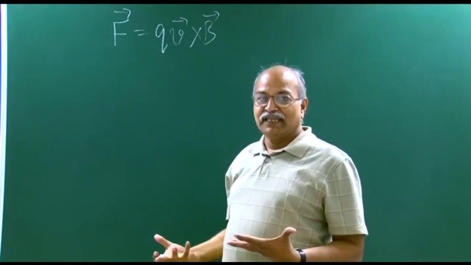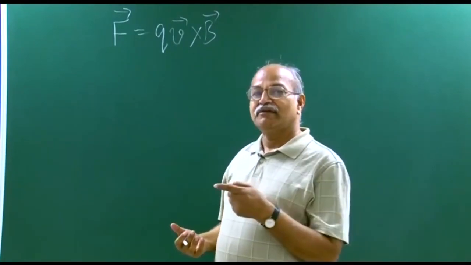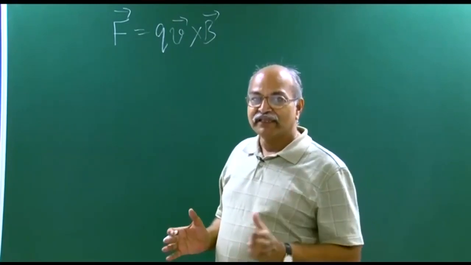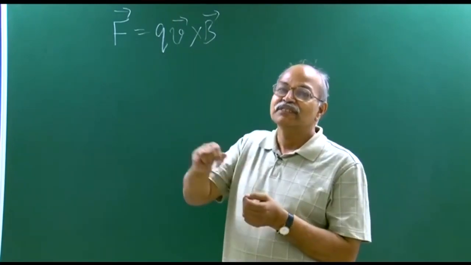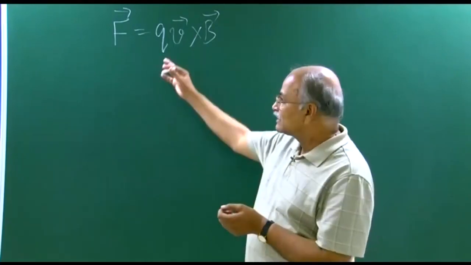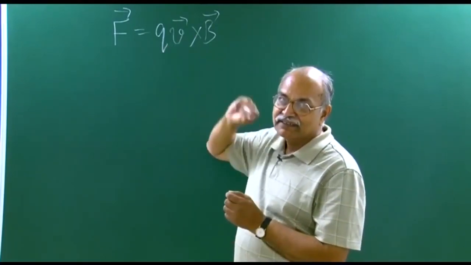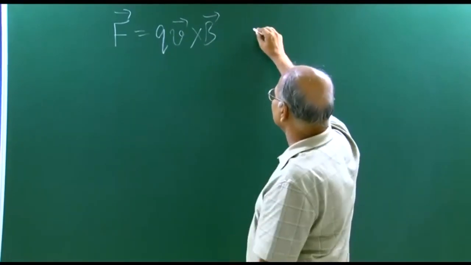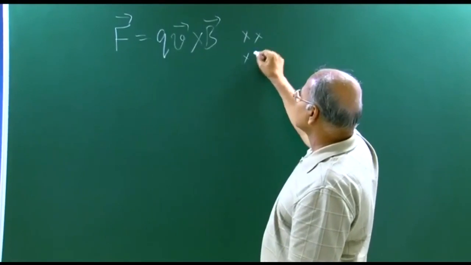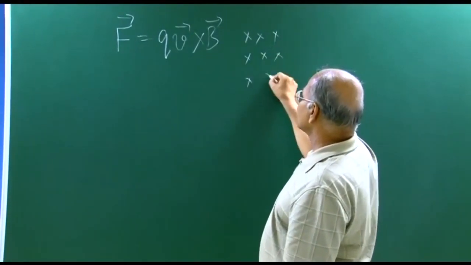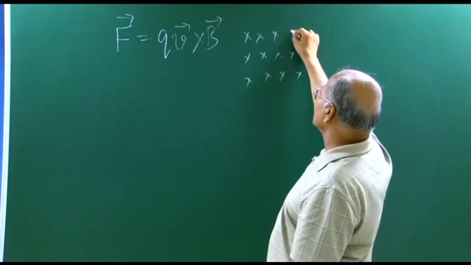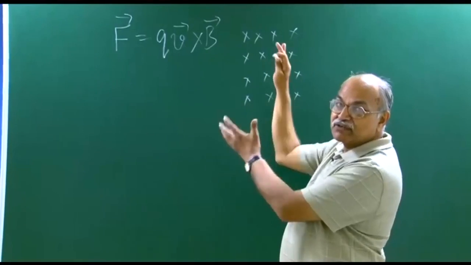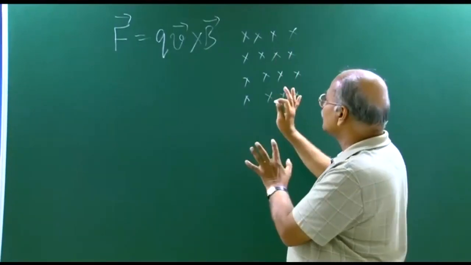And if you send a charged particle perpendicular to a uniform magnetic field, then it goes in circle. That one can easily derive starting from here. So if you have a magnetic field, say magnetic field is going inside this board, so you have magnetic field shown by such crosses. These crosses are generally used for showing that the magnetic field is perpendicular to the surface and uniform.